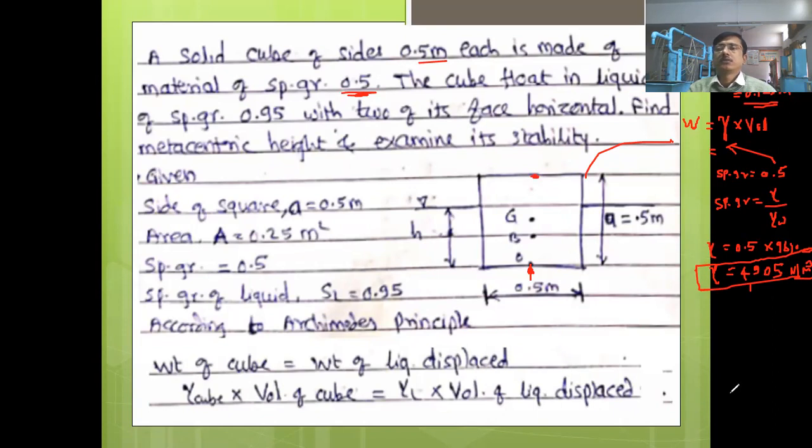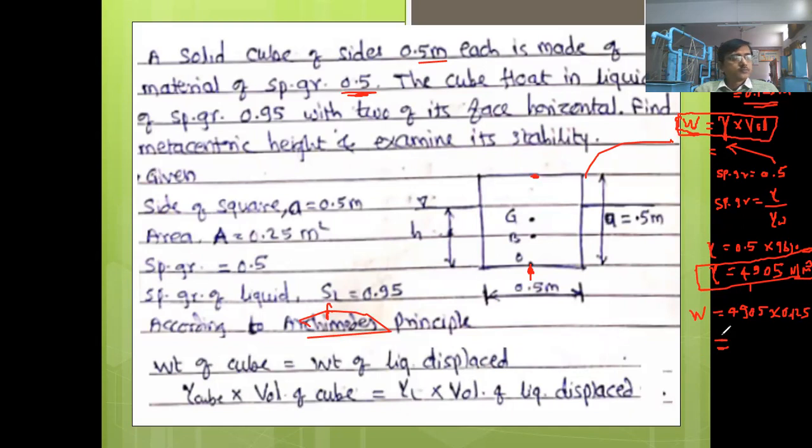Now, how do we find its weight? How will we find the weight then? By using this formula that we have given here: weight is equal to weight density, that is 4905, multiplied by volume, that is 0.125. Find the weight of the cube.